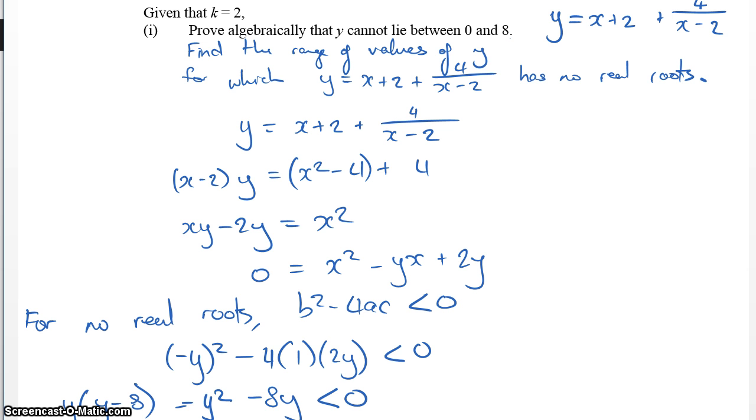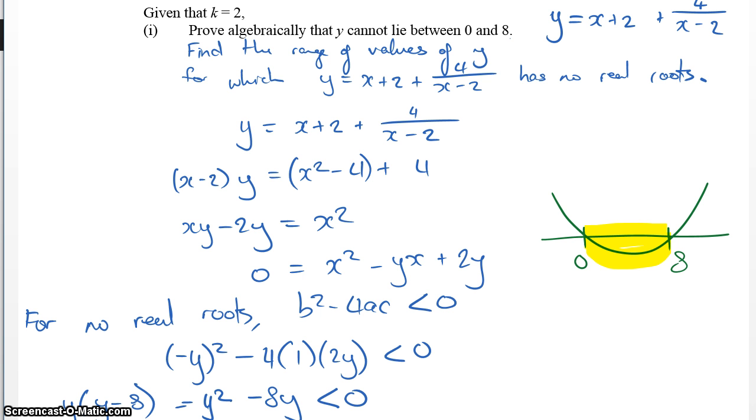So same thing as before, we use our number line method. This is a happy parabola, and it cuts at 0 and 8. I want my answer to be less than 0, so that happens in this region in here.